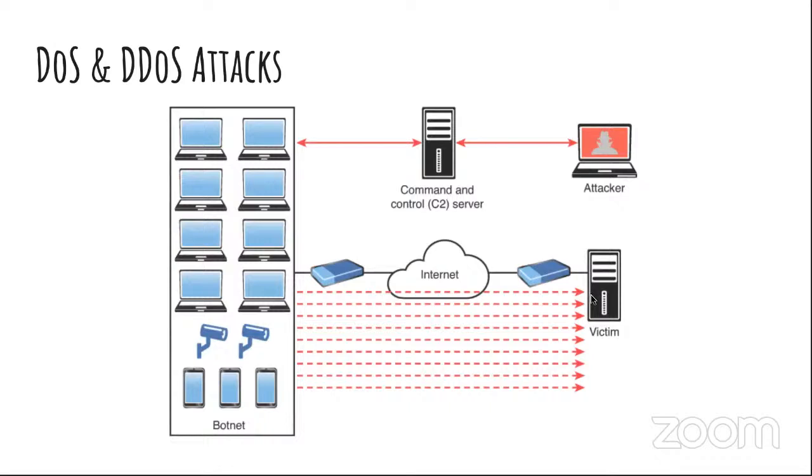Because it's unable to handle any legitimate requests, it looks like the system is down. It's really overwhelmed. It's not down, it's not offline, it's just trying to handle a massive wave of communication.